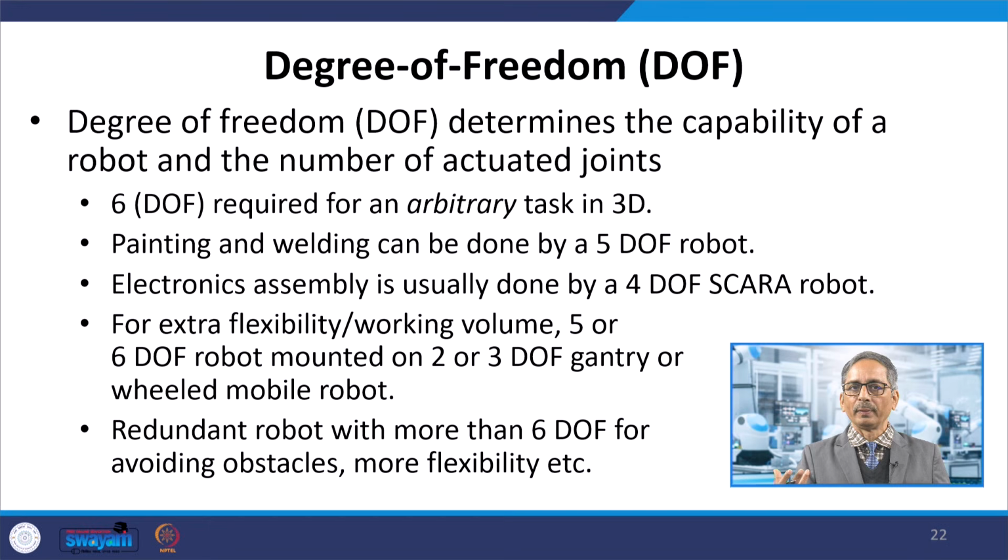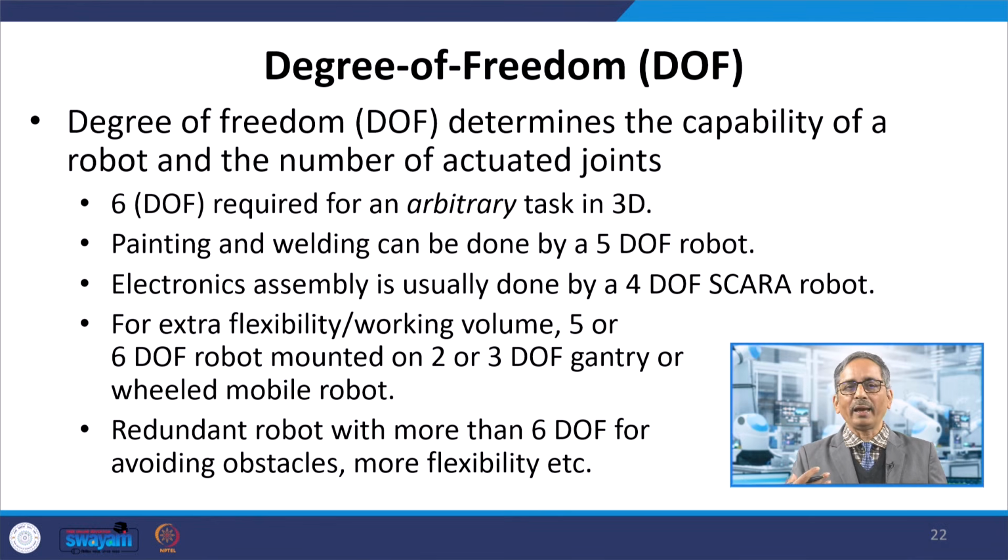I hope all of you are aware of the definition of degrees of freedom, which is the number of coordinates needed to specify the position and orientation of an object. If an object is freely flying in space, it has 6 degrees of freedom, 3 translational and 3 rotational.